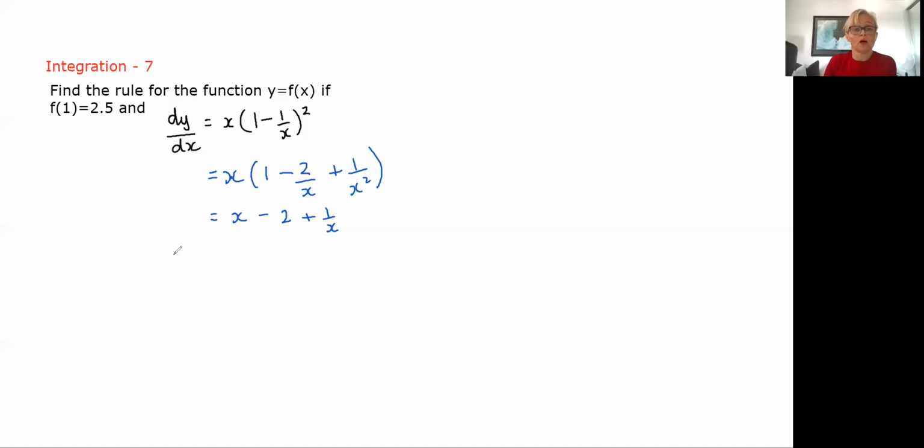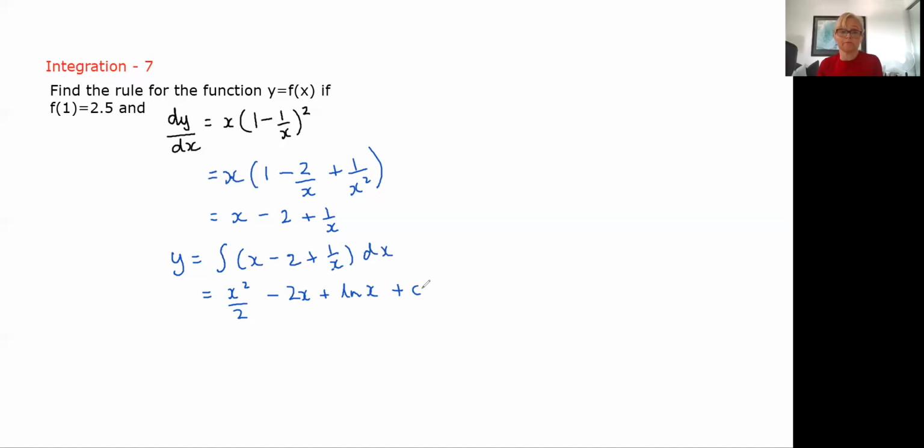All right, so y is going to be the integral of this with respect to x. All right, integral of x will be x squared on 2. Integral of 2 will be 2x. Integral of 1 on x is natural log of x, and we've got plus our c.